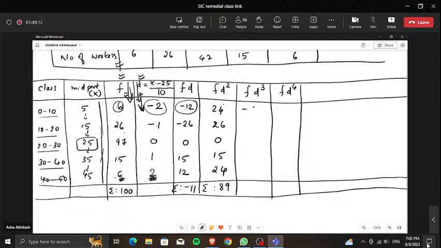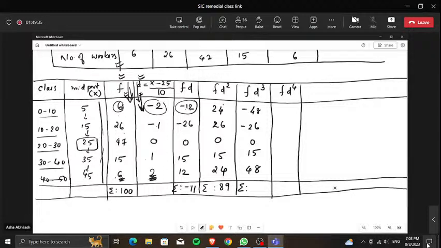Minus 48, minus 26, 0, 15, 14, 48, 48. Correct. What is the total summation?